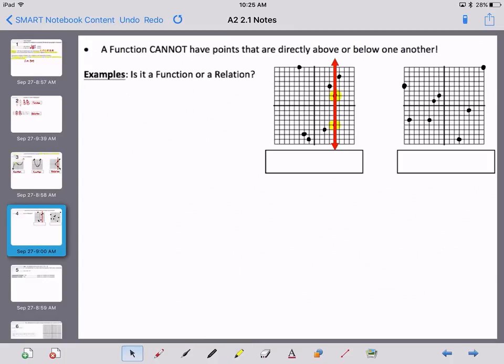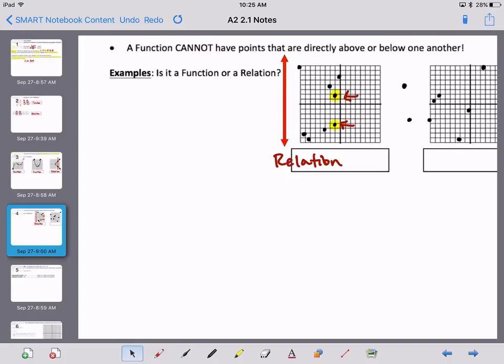So that is going to fail the vertical line test because they're saying if you plug 4 into this function, you might get a positive 2 out right here, but if you plug 4 in, you might get a negative 4 out. So that's not a function. That is only a relation.